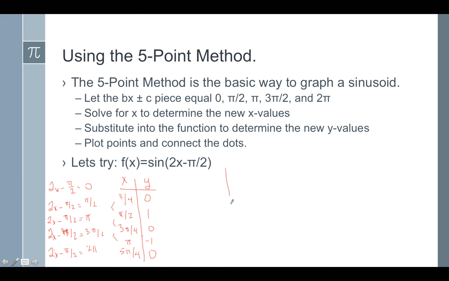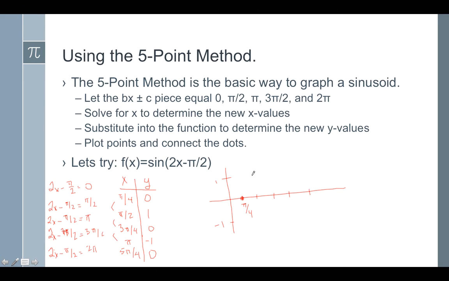So then you go to your graph, and I need to go from pi fourths to 5 pi fourths. So I'm just going to go by pi fourths: 1, 2, 3, 4, and 5. Each of my dashes is worth pi fourths. I need to go up to 1 and down to -1. So pi fourths is at 0.